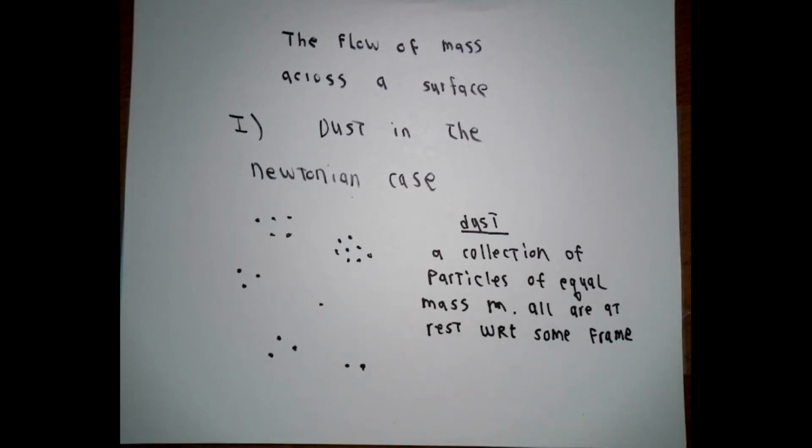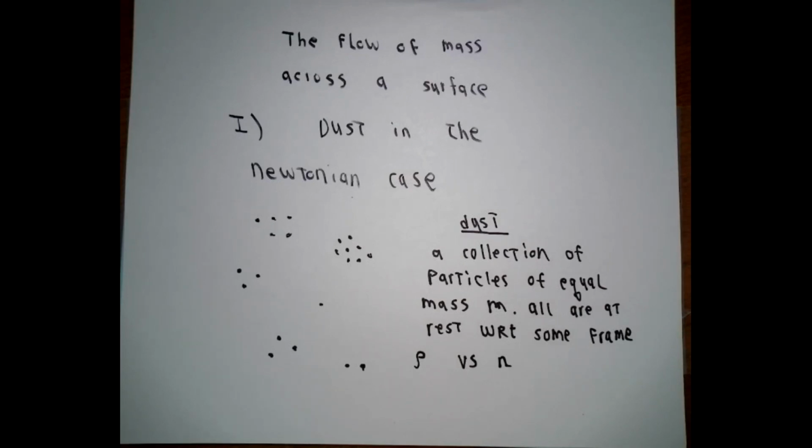We're going to have a collection of particles, all of which have equal mass, which I'll call little m, and all are at rest with respect to some inertial frame. We're going to have two things that we will call densities. Little n is the number density.